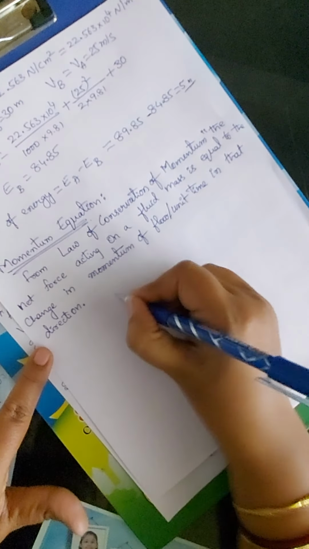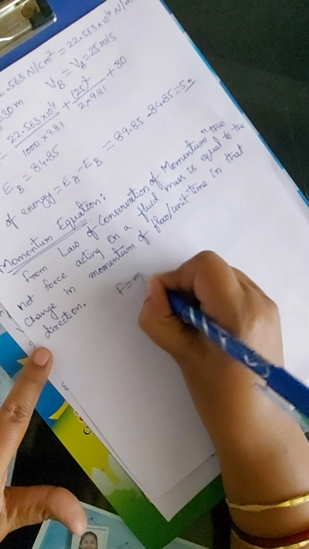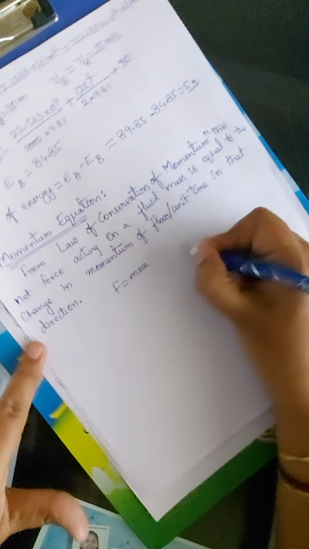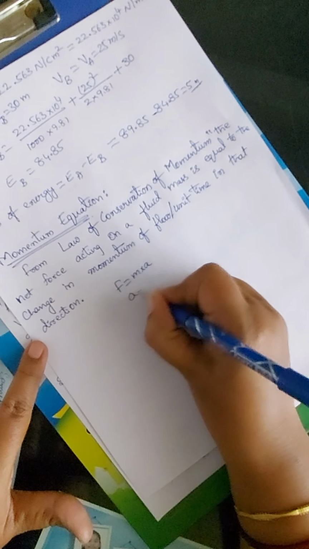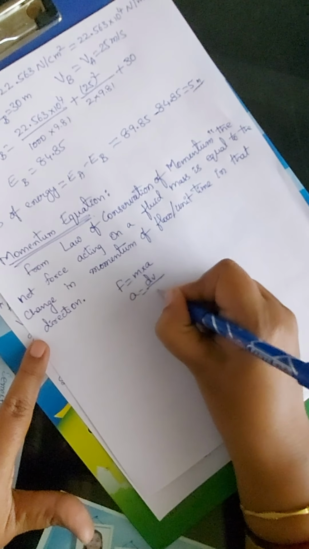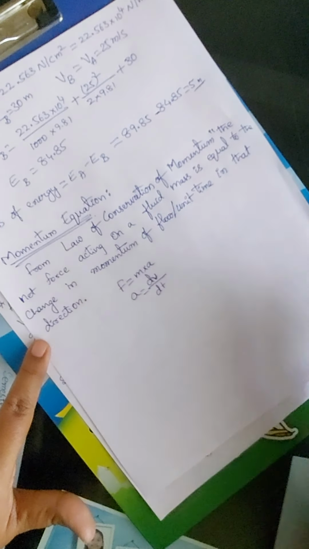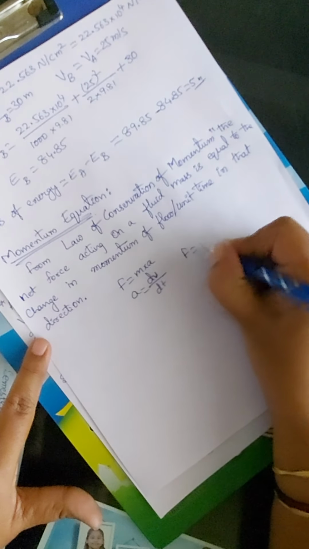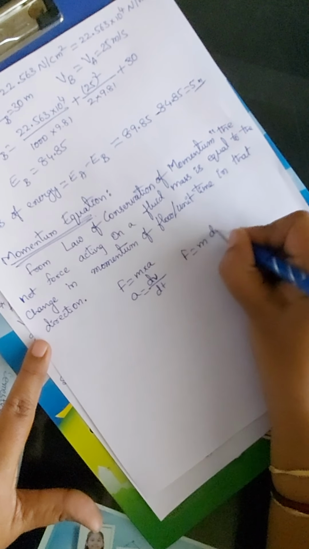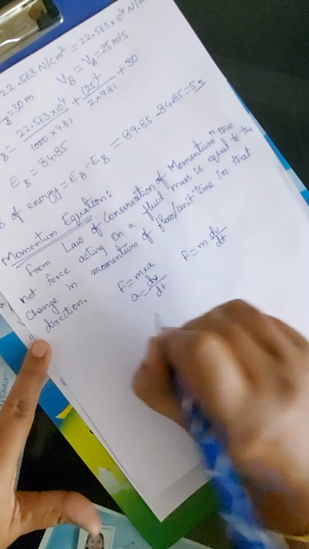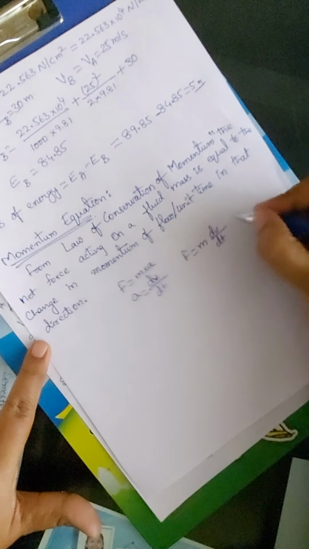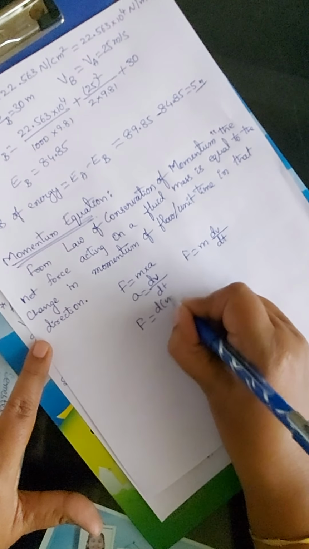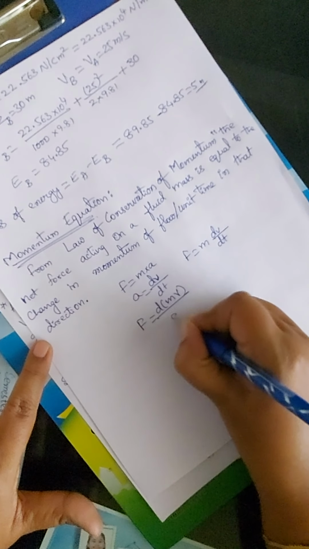From Newton's second law of motion, we know that F is equal to m into a, where a is the rate of change of velocity, that is acceleration, dv by dt. So F is equal to m into dv by dt, or I can write it as F is equal to d of mv divided by dt.